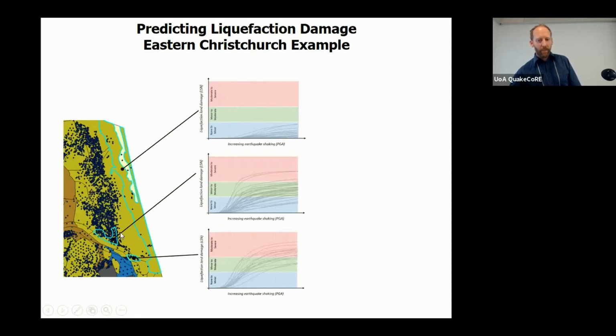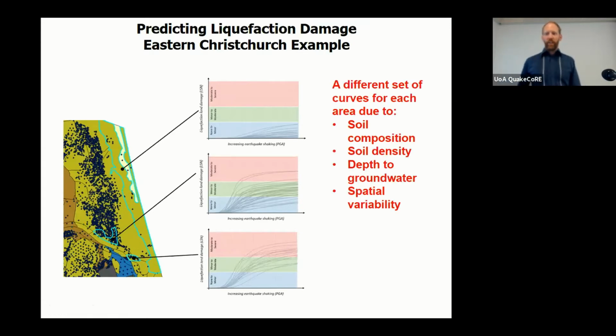Whereas some of the inland estuarine deposits sitting behind the dunes, we can see that at lower levels of shaking, liquefaction starts to initiate, and then when we get to medium and high levels of shaking, we're predicting moderate to severe liquefaction damage.